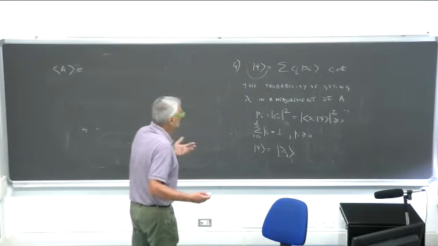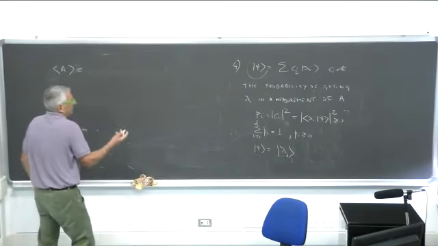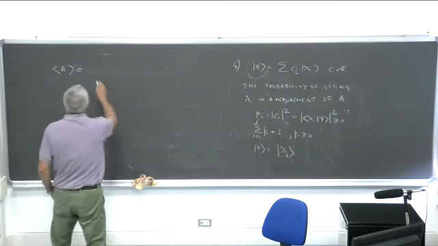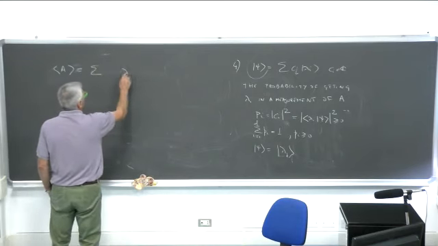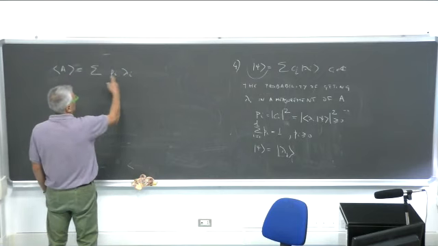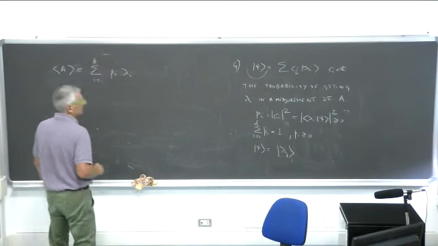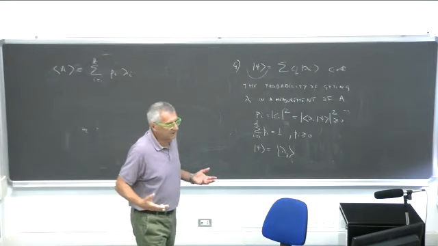Then you can define the average value of A as the weighted sum of the eigenvalues, weighted with the respective probabilities. This is what you would call the average value.